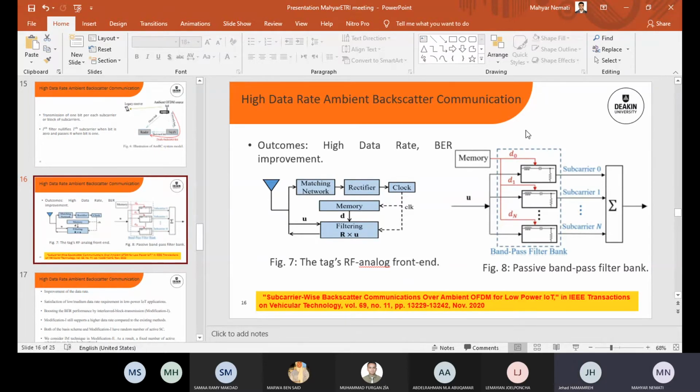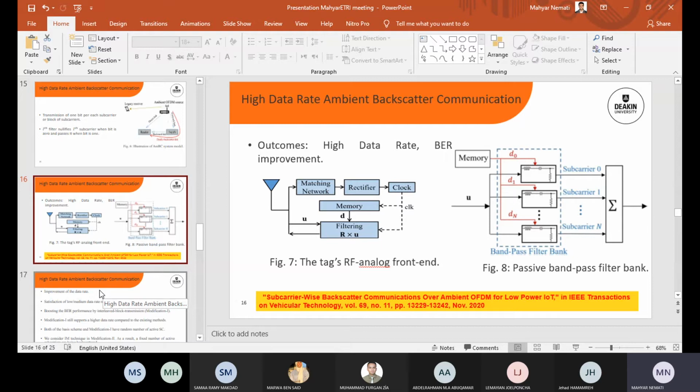Since they are analog and all passive, they can be employed inside the tag. So in that case, instead of sending one bit over the whole set of subcarriers, we can have up to n bits over the whole OFDM subcarriers.